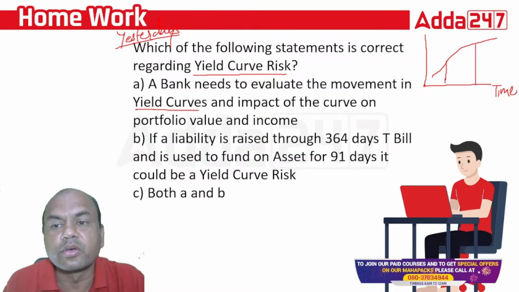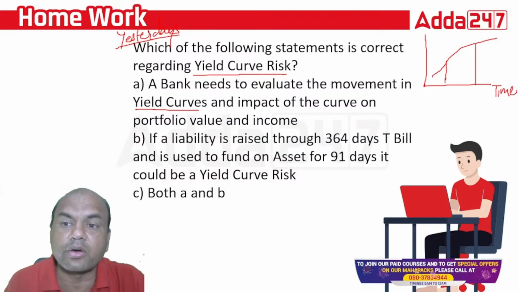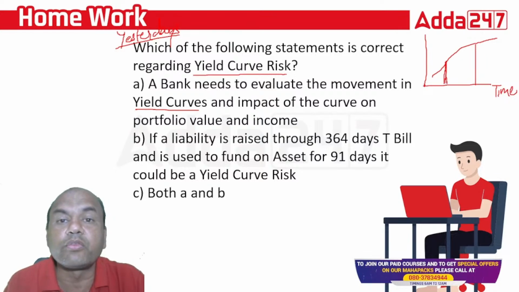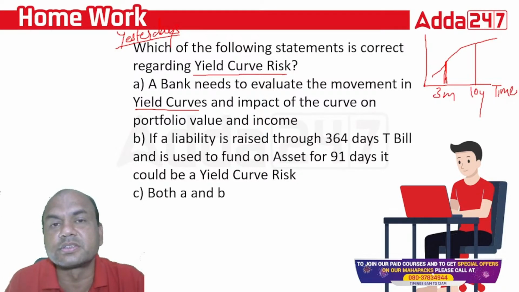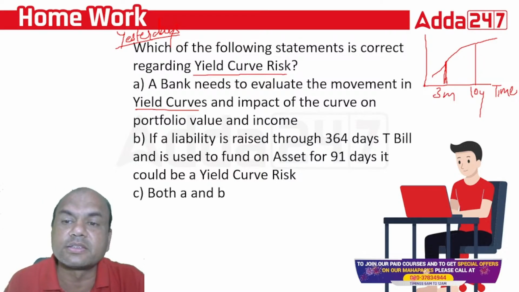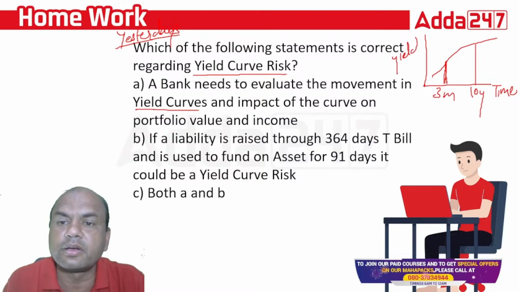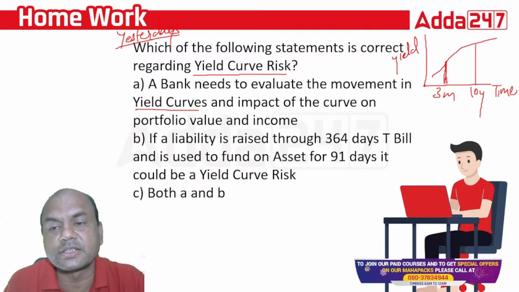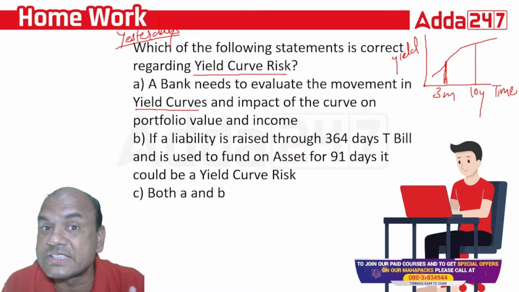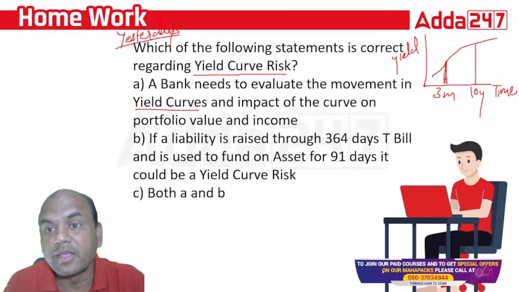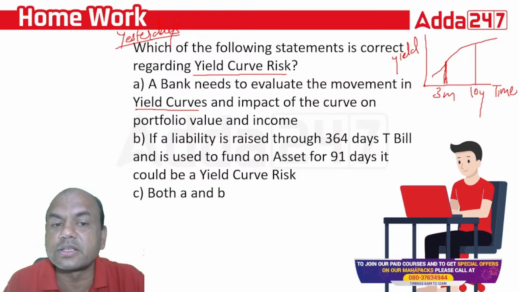Say for AAA-rated bonds of various maturities, from 3 months to 10 years, I plot the yield on the y-axis and time on the x-axis. If I plot the yields of various bonds of the same rating, this is very important, then the curve I get is known as the yield curve.